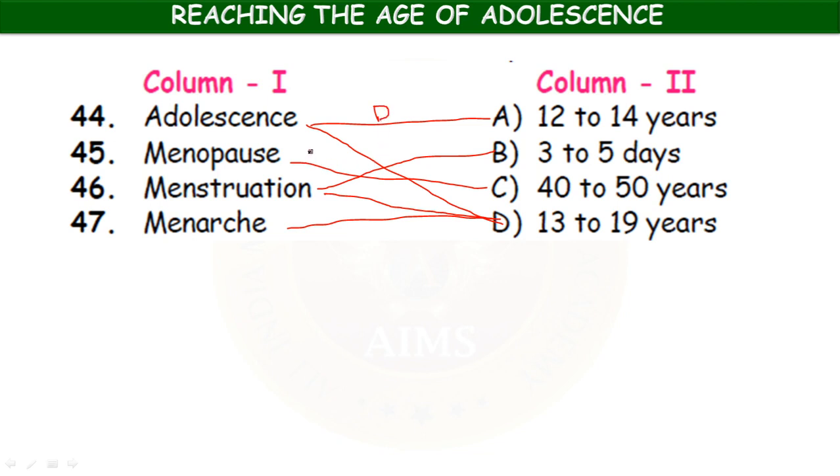Then the menopause, that is C. Menstruation, the bleeding which occurs between 3 to 5 days, is B. Next, menarche is the first menstrual cycle, 12 to 14 years in between in the females.